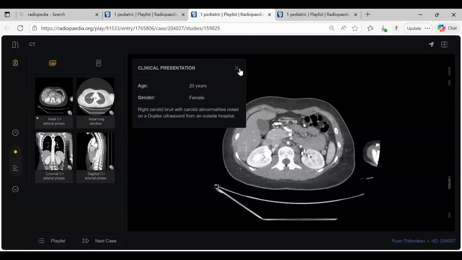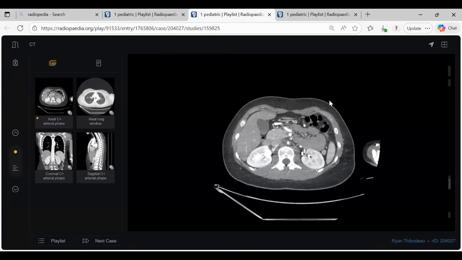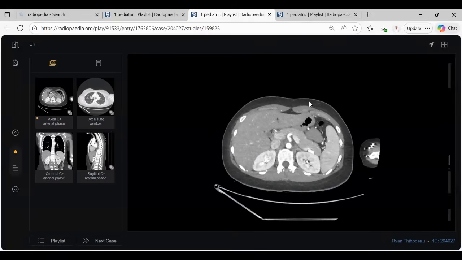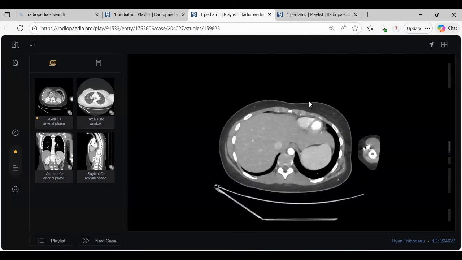Doctor, this is a 20-year-old female patient presented with headache, drowsiness, and tinnitus. Sir, can I ask for control?